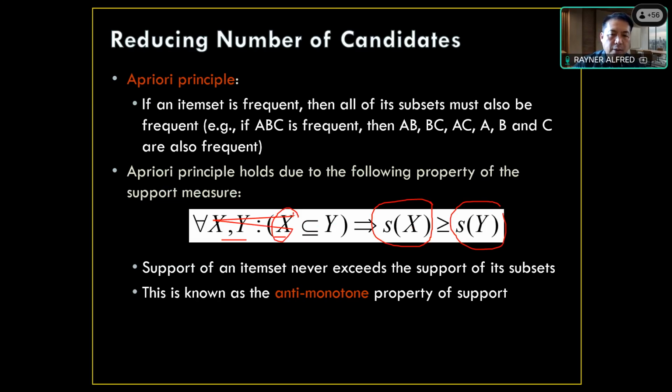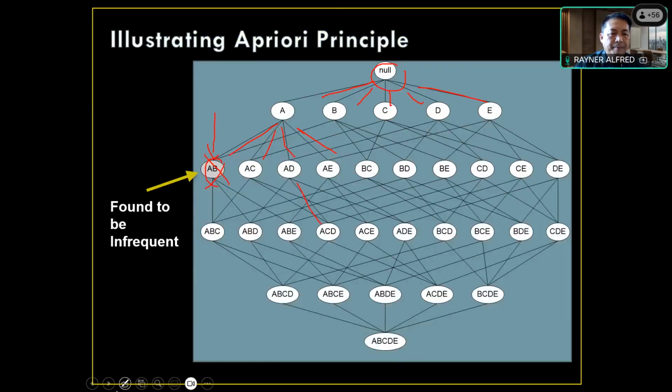So if this is not frequent, we don't have to go down more, because x is a subset of y. If we go back to here, AB is a subset of ABC, right? The support of AB is always higher than the support of ABC, because the more items you put in, the less support you will have.